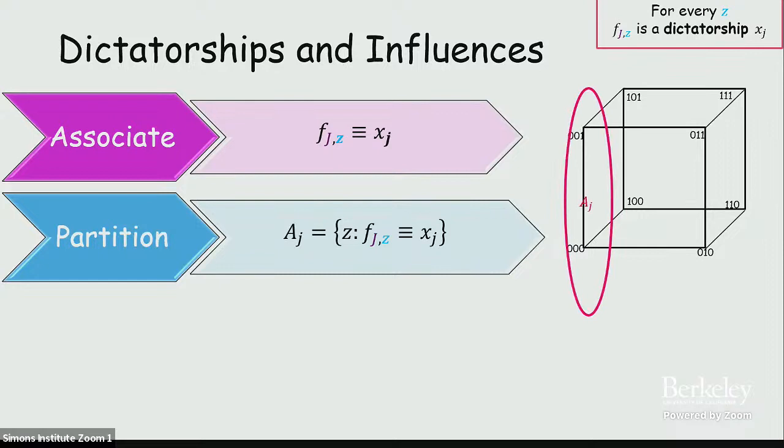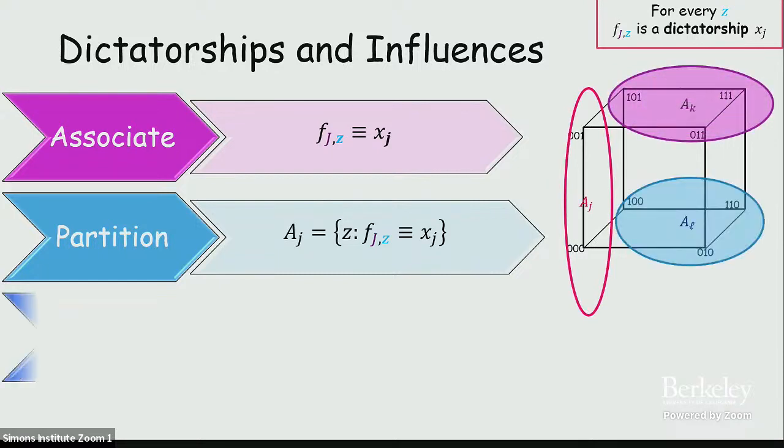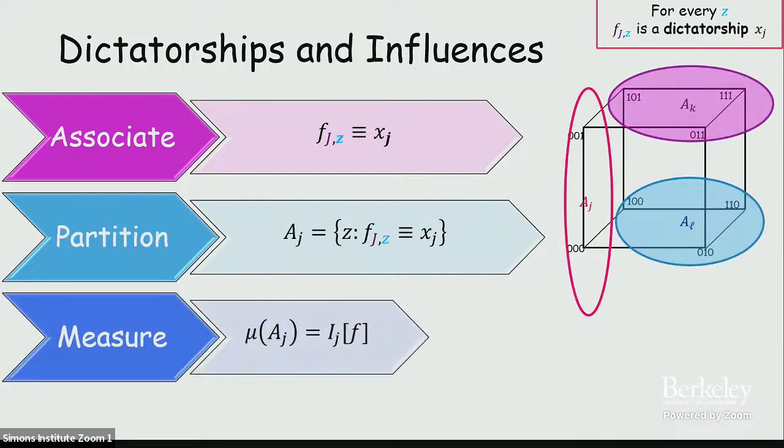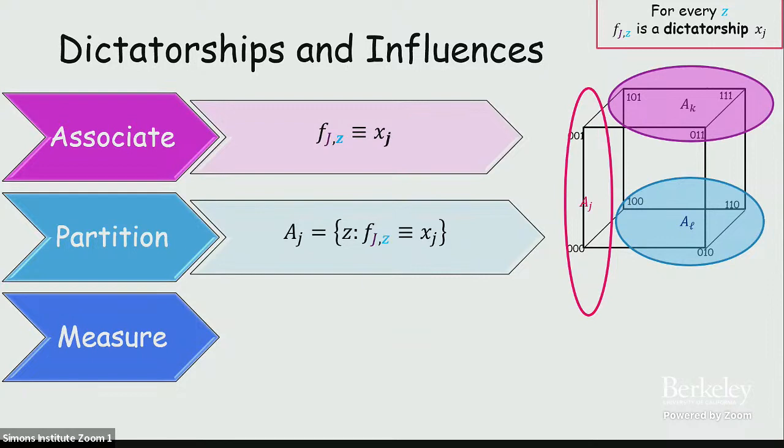So we have some group that has x_j, and x_k, and x_l. And now we want to know the size of these groups, how large A_j is.